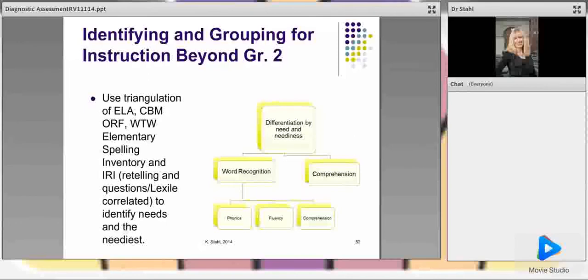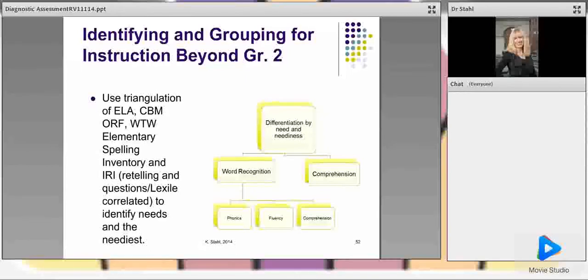If the oral reading fluency is fine, and even the Words Their Way spelling inventory identifies that child as being in the syllables and affixes stage or beyond, then that child is probably having purely comprehension problems. So they need a purely comprehension intervention and more diagnostics done in the area of comprehension.